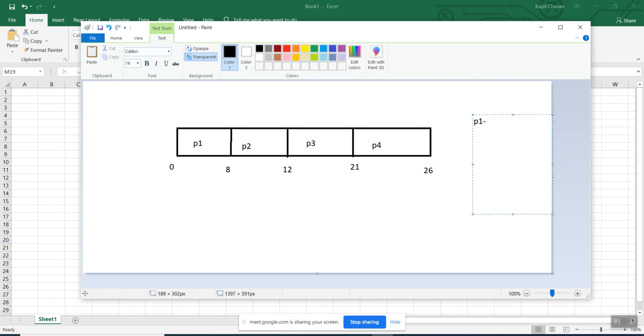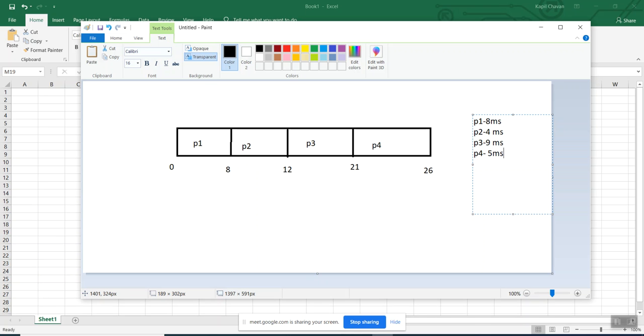So I will write down here for your understanding. P1 requires 8 microseconds to complete, P2 requires 4 microseconds to complete, then P3 requires 9 microseconds to complete, and P4 requires 5 microseconds to complete.